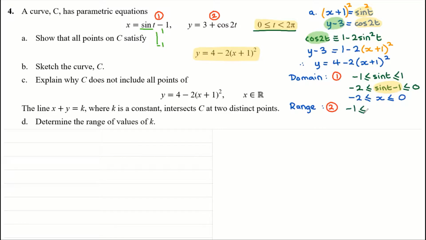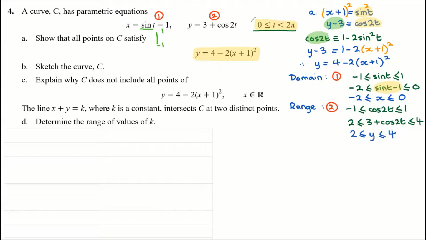The 2 is a transformation in the x direction, so the range is not affected. So it's still bounded between -1 and 1. I simply have to add 3 to all this. So adding 3 to -1 will give me 2. Add 3 to the middle will give me my expression for y, and then adding 3 to 1 will give me 4. So there we go. I can now say that my range is going to be between 2 and 4.